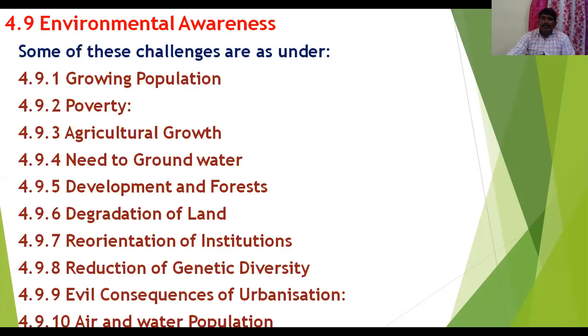And the ninth is evil consequences of urbanization. Nearly 27% of Indians live in urban areas. Urbanization and industrialization has given birth to a great number of environmental problems that need urgent attention.